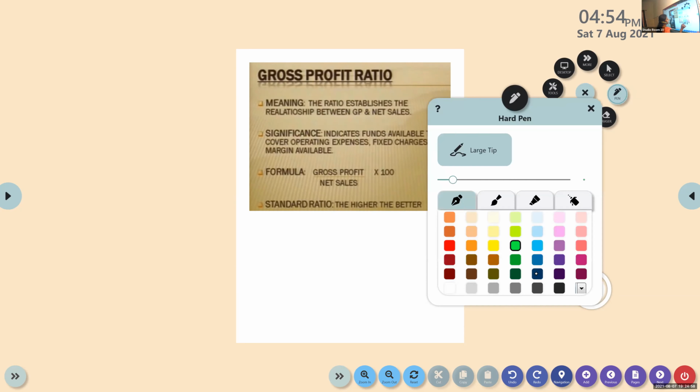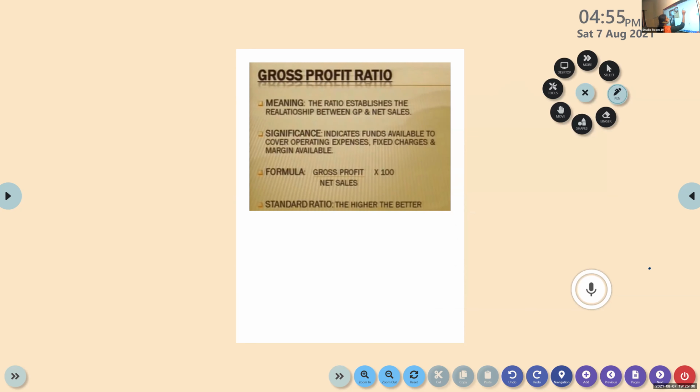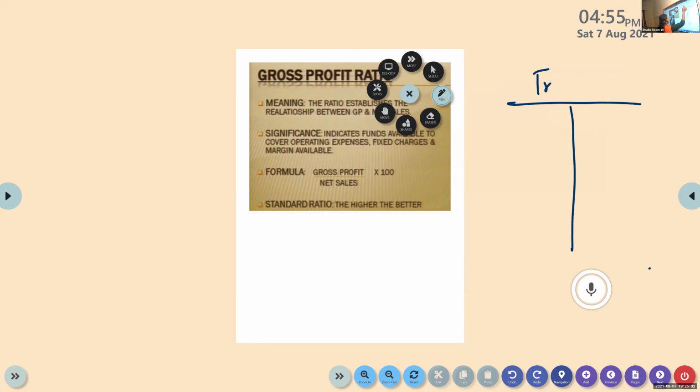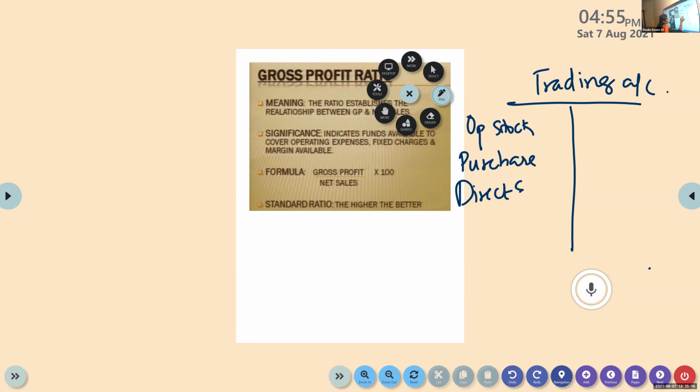Picturize your trading account: opening stock, add purchases, direct expenses, sales, closing stock. Finished? No, I'm sorry, there are many other trading account items.